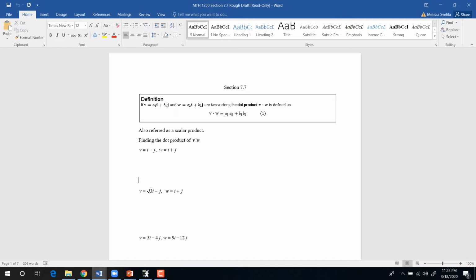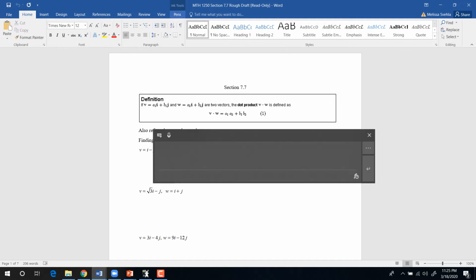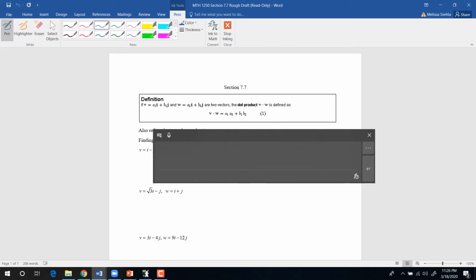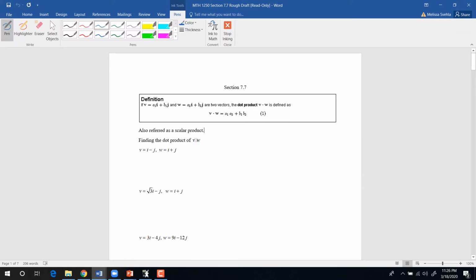Okay, so let's take a look at this here. If I'm being asked to do v dot w here, all I have to do, just remember my coefficients here is 1 for both of them.